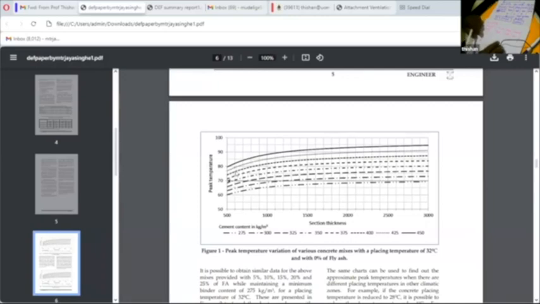Is that clear? Just look at here. Something like 26 degrees will be here. Using the chart you are referring to, if you reduce the placing temperature to 26, you can go up to a 600 section without any fear of DEF.